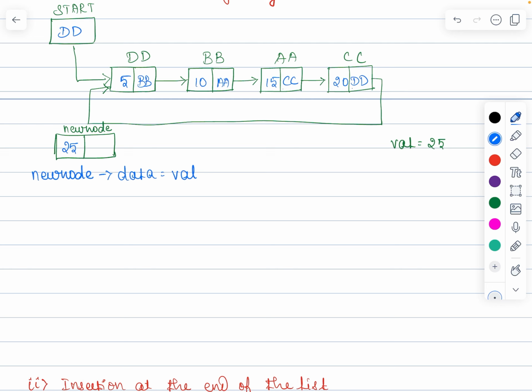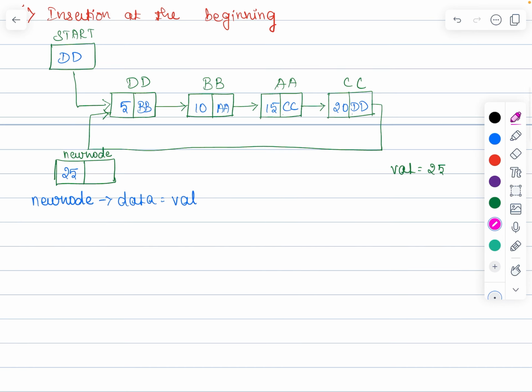Next step is, since I want to insert it over here, what are the changes I am supposed to make? First one is I have to change the start variable. Why? Because after inserting this new node, the new node would become the first node. So always the start variable must hold the address of the starting node. Since the new node is going to act as a starting node after inserting into the list, we have to change the start variable.